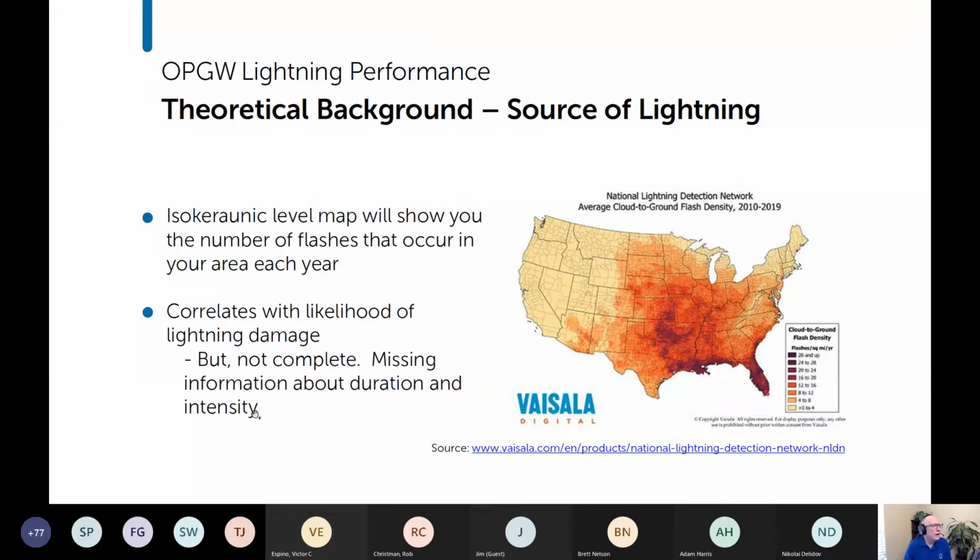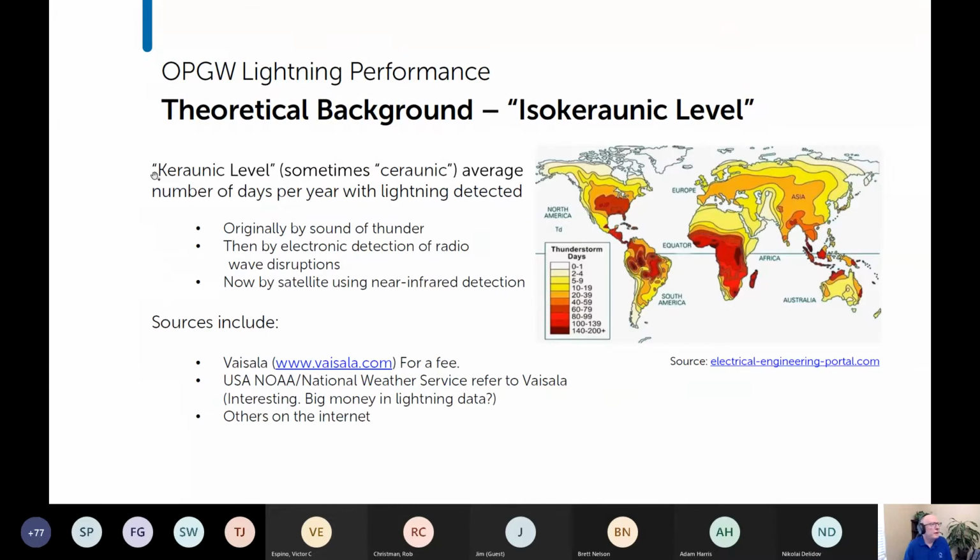Isokeraunic level itself, and it's sometimes spelled differently, means the average number of days per year with lightning being detected. And as I mentioned, you can find these maps for anywhere in the world, basically. The biggest source is this company called Vaisala. They're out of Finland, but they do charge a fee.